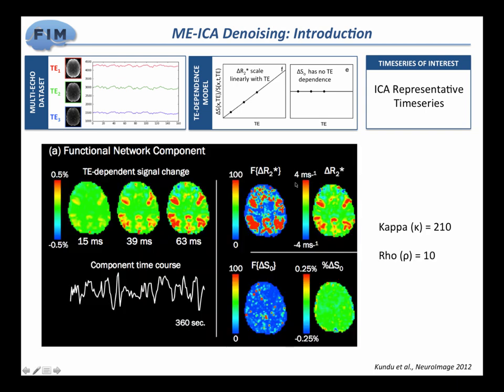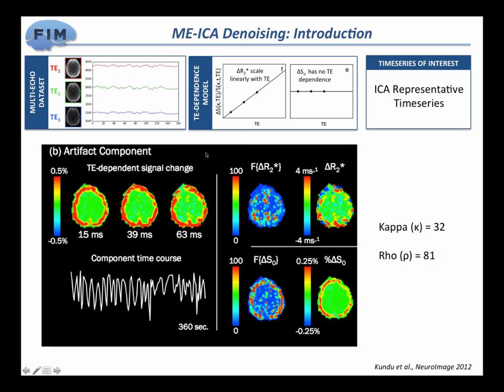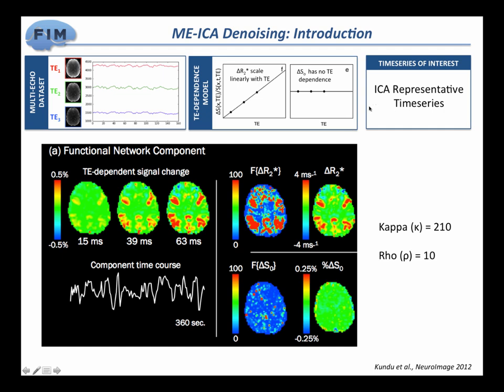Here is an example of what happens. This is for one time series that comes out of the ICA. The first thing you do is fit that time series against each of the echoes in every voxel, and it gives you maps like this. Then it will compute the goodness of fit for one of the models or the other, and compute the average kappa and rho, which is a summary metric of these maps, although how it gets summarized has a lot of detail in there.